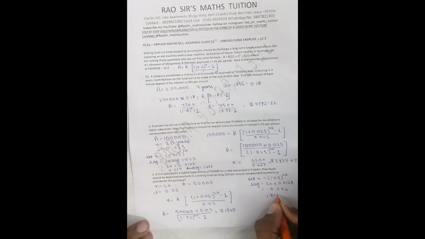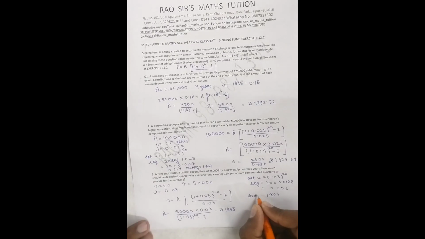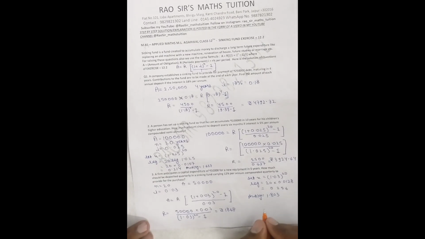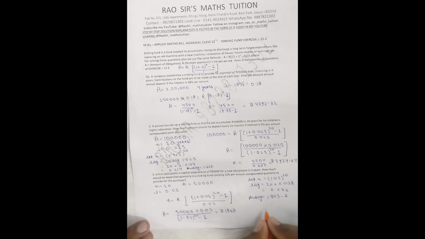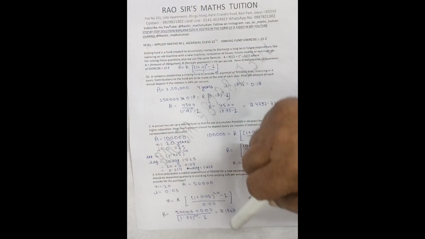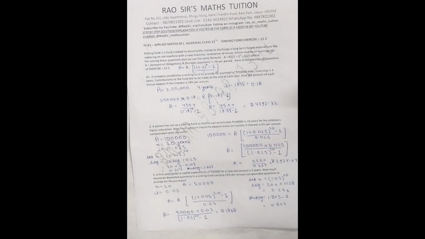You can write the antilog. And after subtracting 1 from it, we get 0.803. And here you got this one. Okay, fine. Go for the next question now.